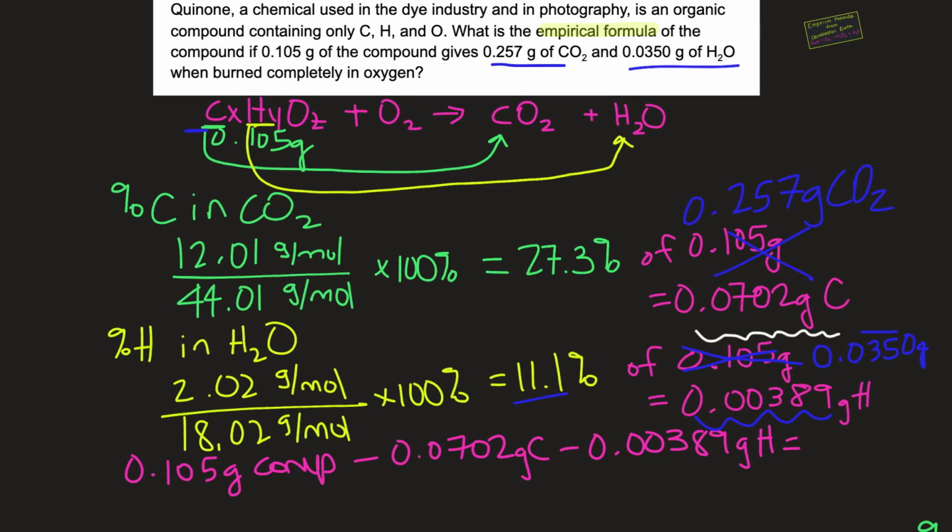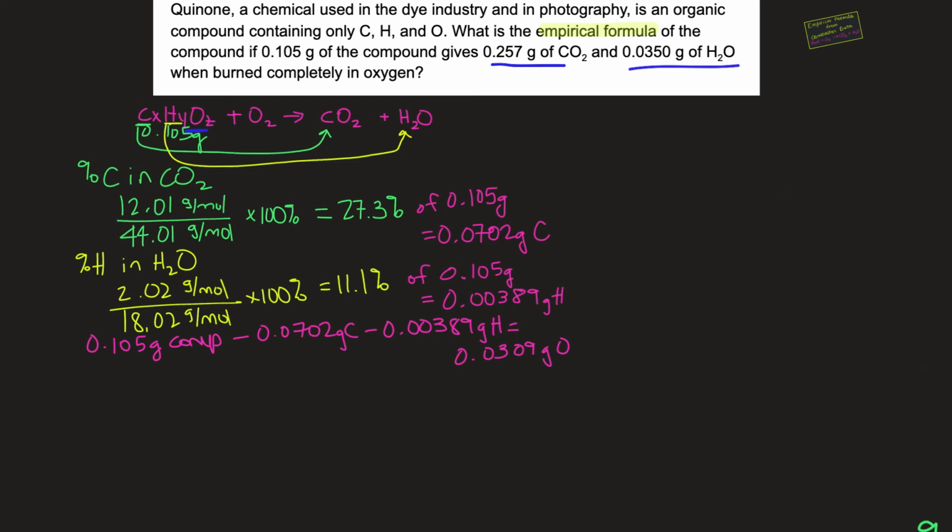What's left over is going to be the oxygen in the compound, so that's going to be 0.0309 grams of oxygen. Here's the cool thing: now you know how many grams of carbon, hydrogen, and oxygen you have. So this was all the hard part to getting to now a very simple empirical formula problem.